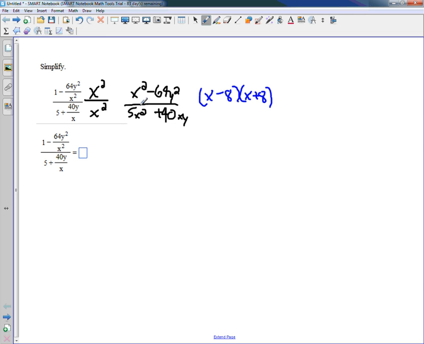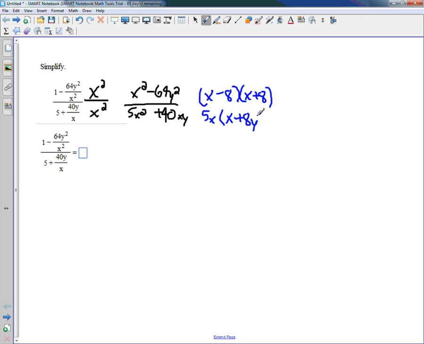Okay, that's easy. Now, for my denominator, I'm going to factor out my 5x. That, of course, leaves just an x in here, and 40 divided by 5 is 8. So we've got positive 8y.